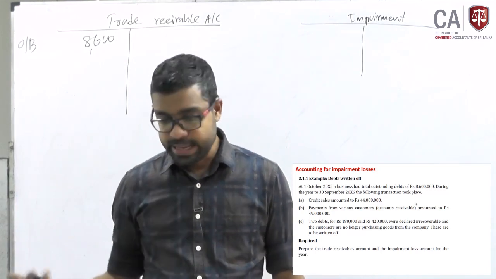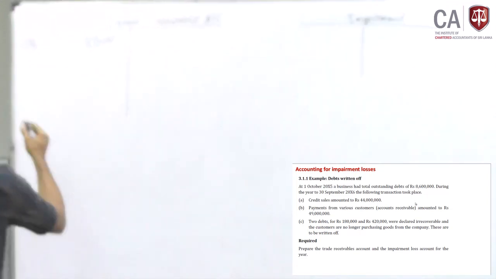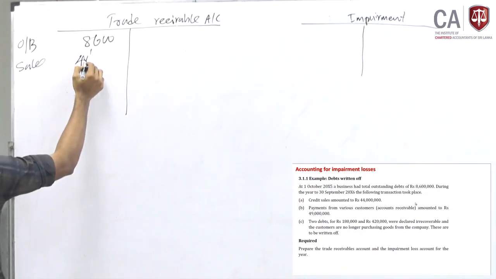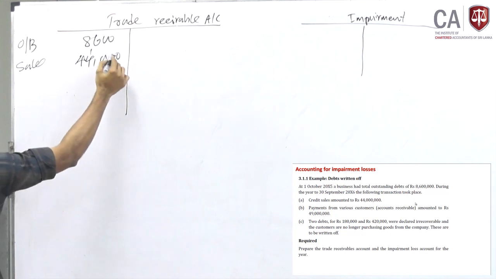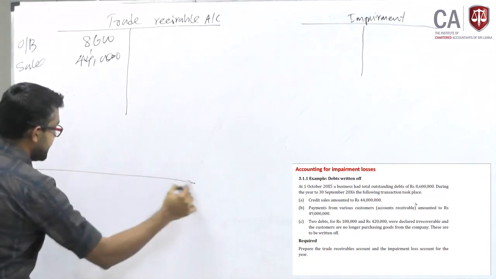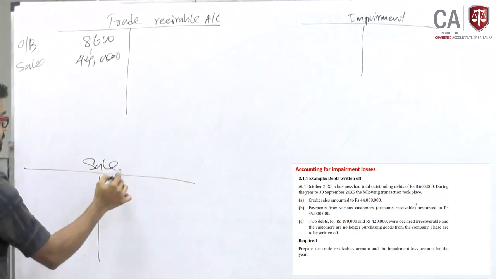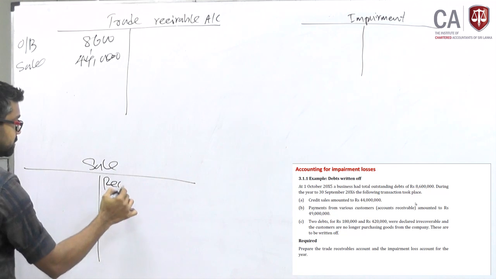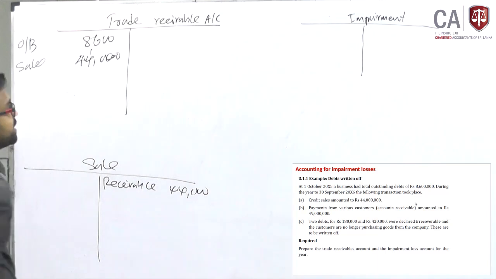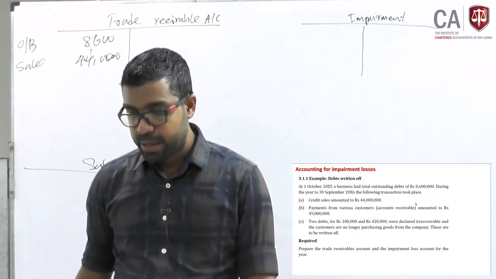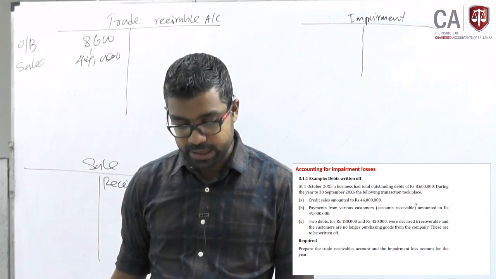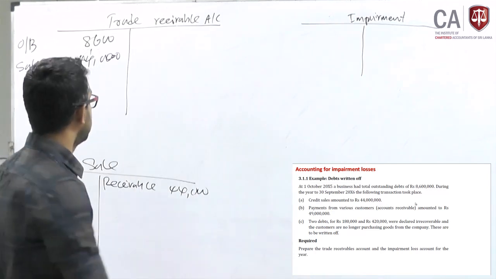During the year, credit sales 44 million. Double entry: credit sales, debit receivable. I am not going to open the sales account, so debit 44,000; the credit entry, if you want, is the sales account. That's the double entry. Payment from various customers: you have received 49 million cash.